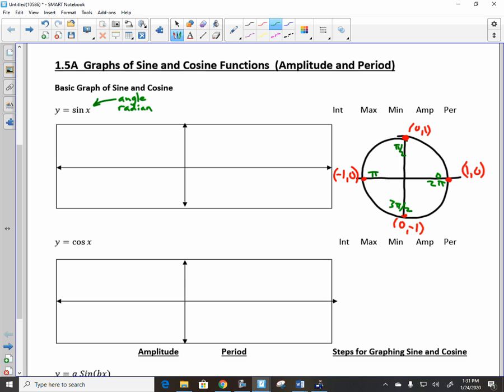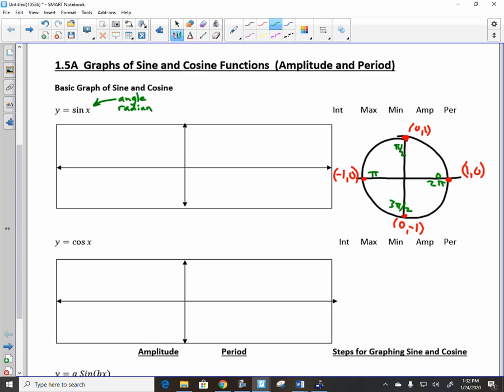So look at what's going to happen. I'm going to mark this off, and I'm going to look at the sine values, okay? At 0 degrees, or at 0 radians, what's the y value? 0. At pi over 2, what's the y value? 1. So what happens? It goes from 0 to 1, so it goes from smaller to bigger. What then happens is it goes over here?